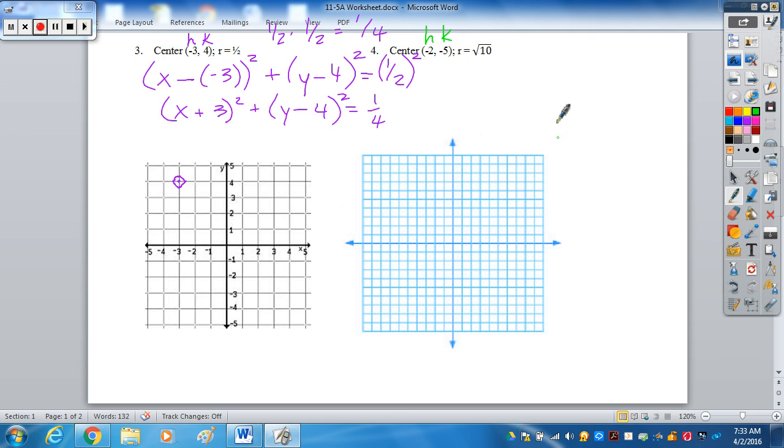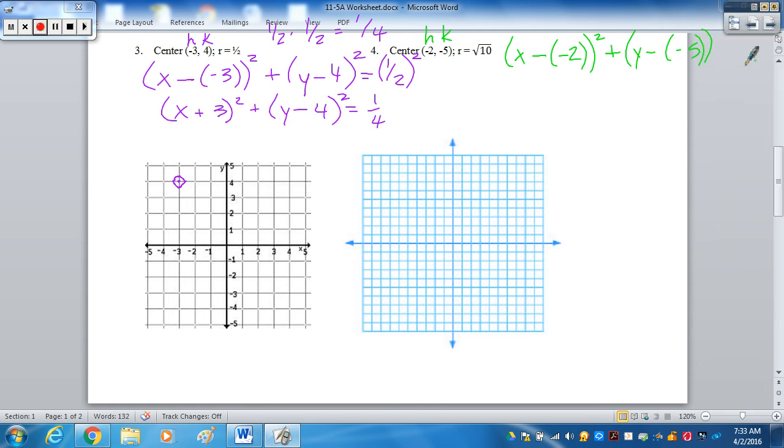But if I go ahead and work this out, we're looking at x minus h plus y minus k is equal to the square root of 10 squared. Okay? Well, obviously within the equation, this first part here and this part here, the double negatives become positive.